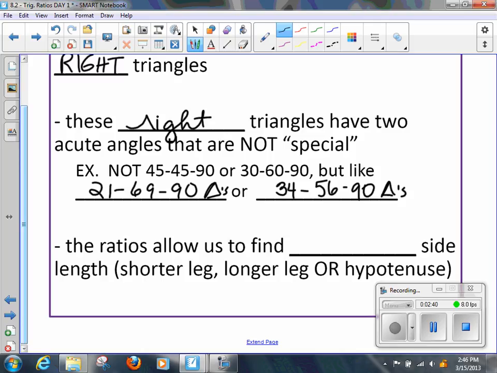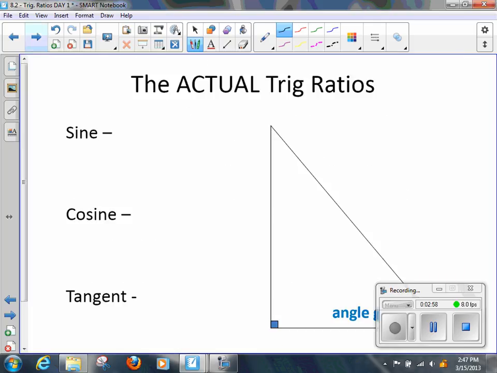Okay? These ratios allow us to find each side length of that triangle, meaning the shorter leg, the longer leg, and the hypotenuse. So we'll be able to find every side of the triangle that you're given. Okay? Now the actual trig ratios.